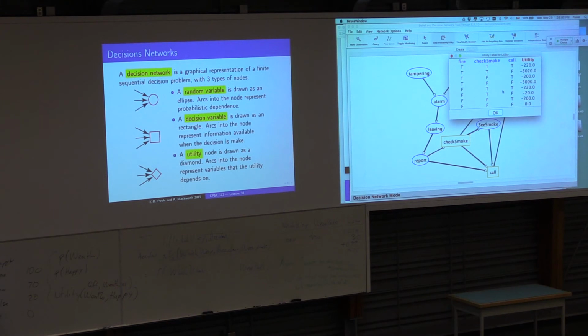So if you don't call and there's a fire, you end up losing lots, 5,000. Otherwise, checking for smoke is reasonably cheap. And if there's no fire and you call, then you lose 200. That's the story.